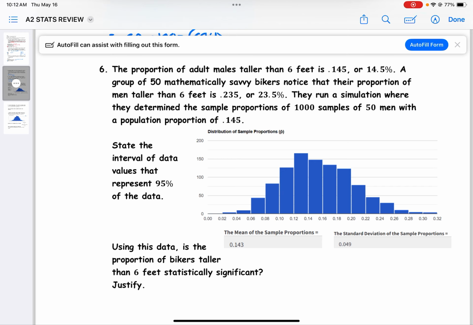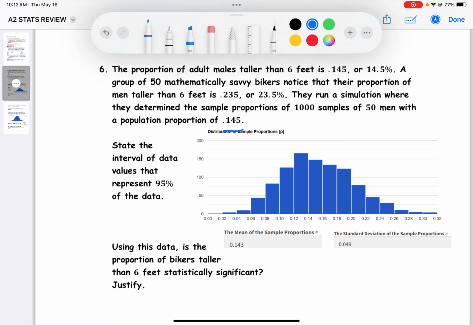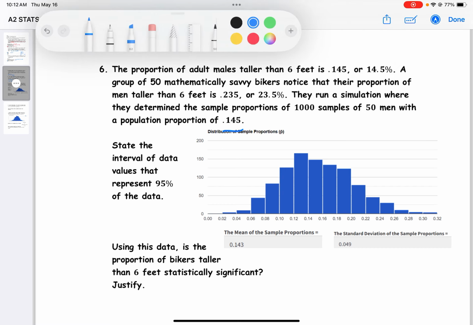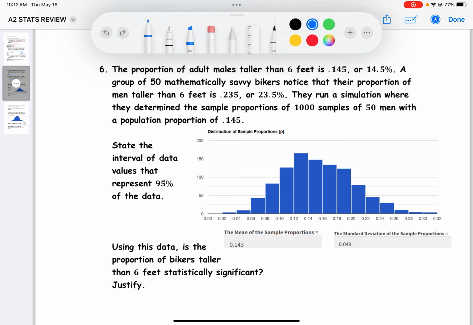So they run the simulation where they take 1,000 samples of 50 random men using this population proportion, and they find out what their mean was, and they make this histogram that you see here with this mean and this standard deviation.